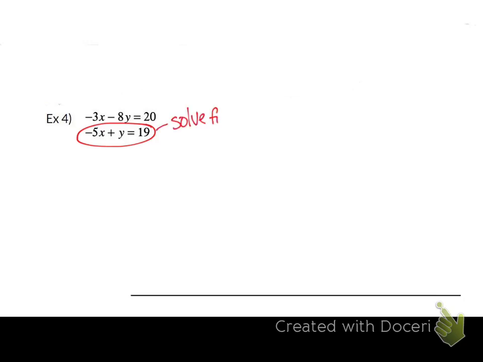That doesn't mean that it's not possible to do it another way. But my note that I'm going to put up here is a suggestion. Get a variable alone that already has a coefficient of 1. That will always be the easiest.